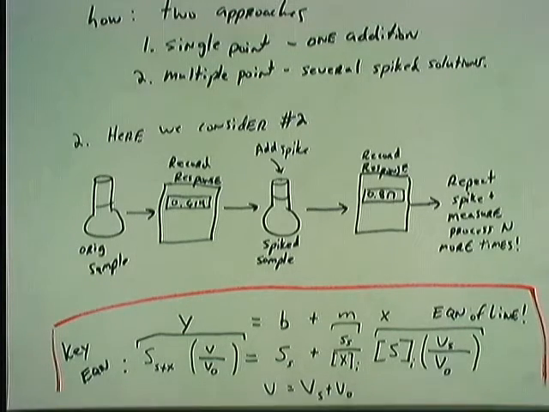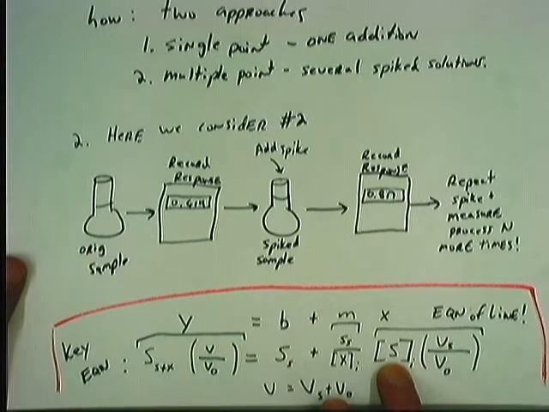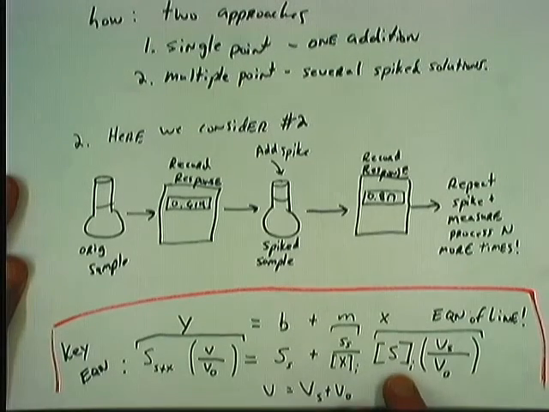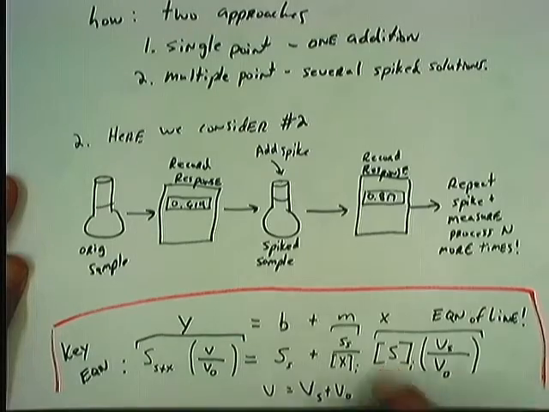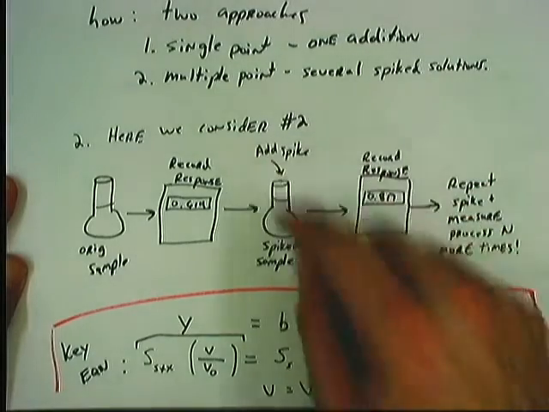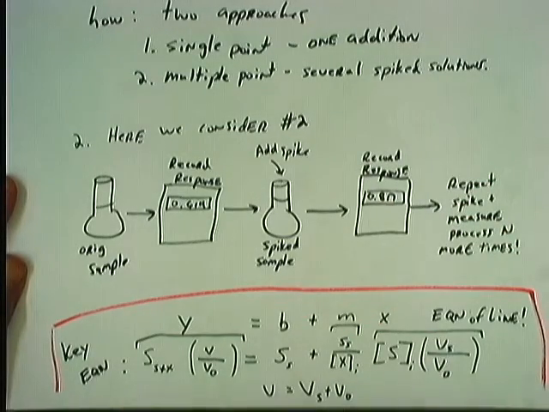And there are two other variables that we should talk about. This S in square brackets sub I, that's the concentration of the solution that I'm going to spike into my sample. So I said I added a spike. You usually do that by adding a certain number of milliliters of an aqueous solution or dissolved in some solvent.